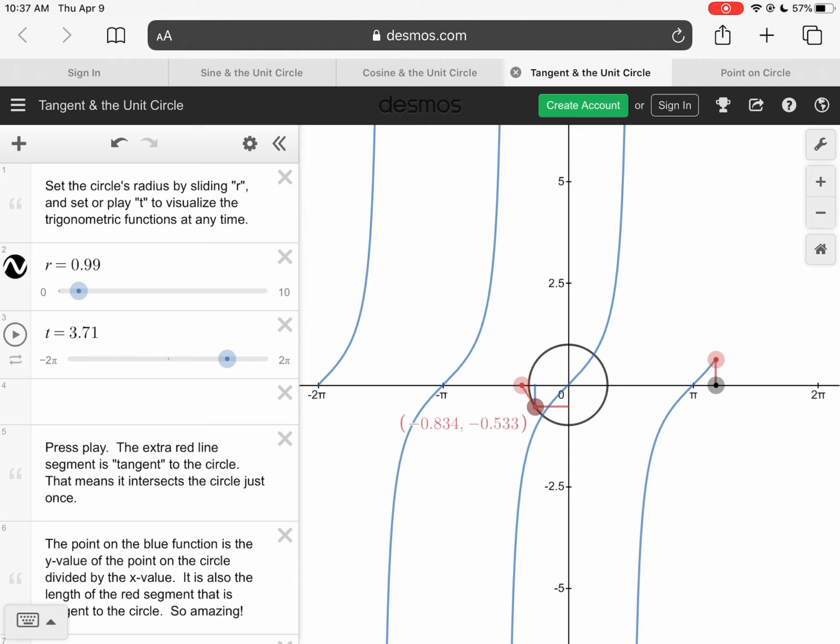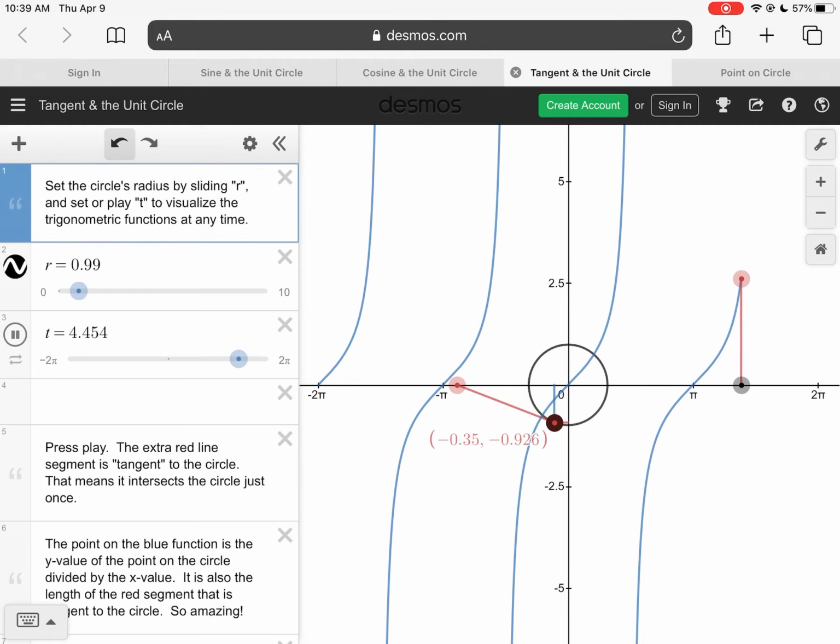I'm going to pause and go back to tangent. We've been using the definition of tangent as y over x. The same thing is happening here. If you take this blue y divided by x, the red line here, you are going to end up getting that value.